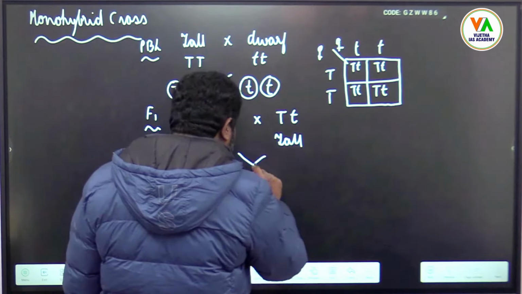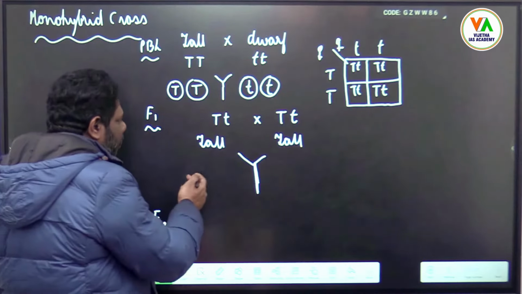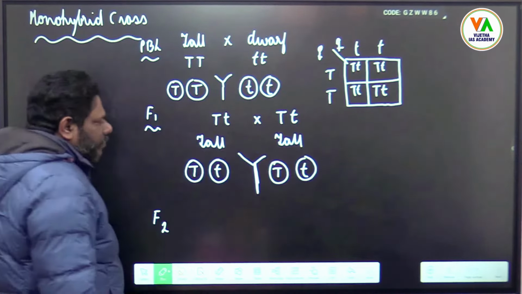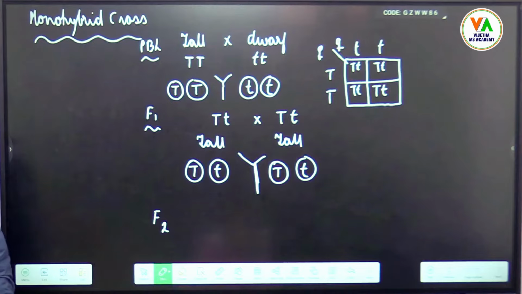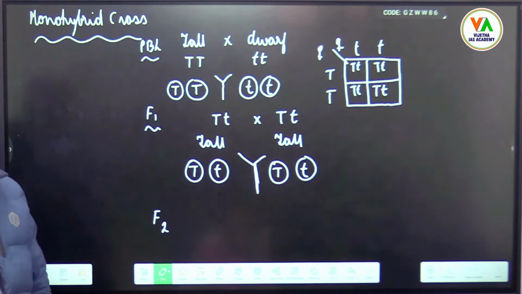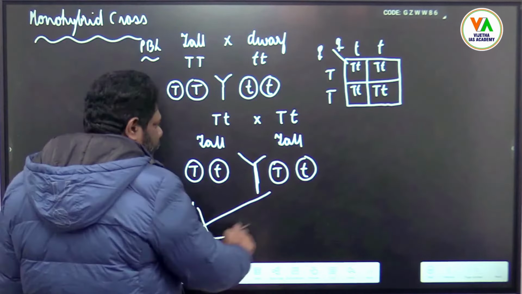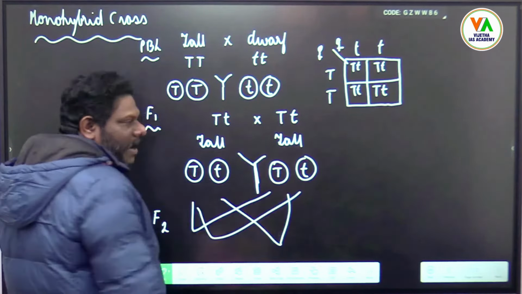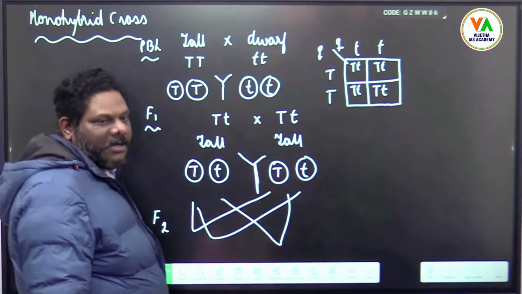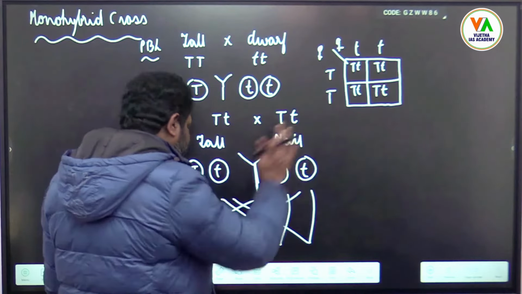This we have seen earlier. So what are you supposed to do? Segregation. What are the segregated gametes or factors here? So how many outcomes here? Again 4. Are the 4 same? How many of them are similar? 2 are similar. What are they? So either you can do like this, capital T, small t, capital T, small t, because you can't write a small t first, then capital T, isn't it?